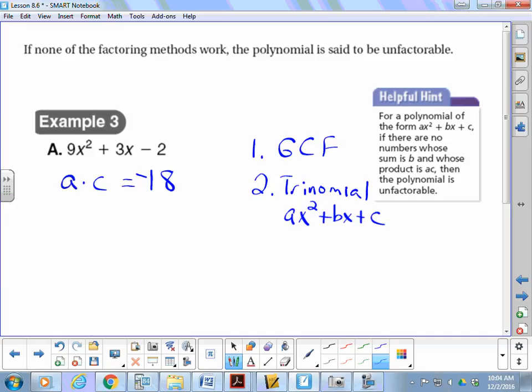So I need to find a pair of factors that when I combine them, I get positive 3. Since the 3 is positive, my bigger number is going to be positive. So negative 1 and 18, nope, that doesn't work. Negative 2 and 9, that's 7, right? 9 minus 2 is 7. Negative 3 and 6, does that equal 3? Yes.